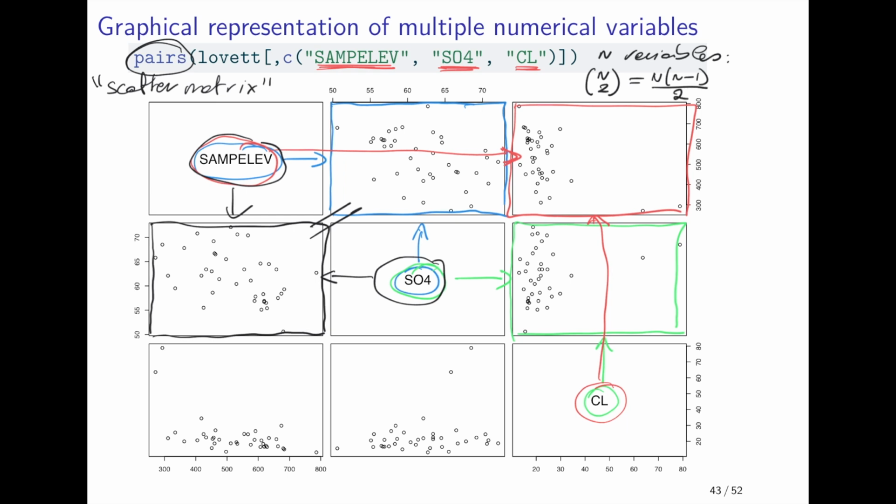So if you have 3 variables, then you have 3 scatter plots. That's fine. But if you have 5, then you already have 10 scatter plots to look at. That can become a bit cluttered. So a scatter matrix is good if you have 3, maximum 4 variables. Beyond that, it's sometimes a bit doubtful if you'll get much information.